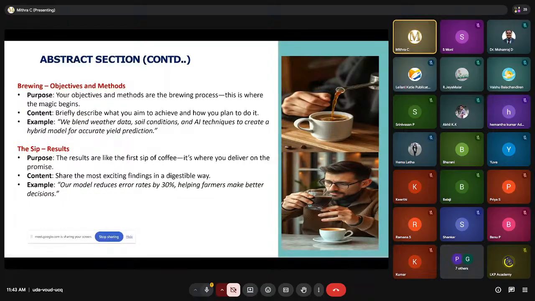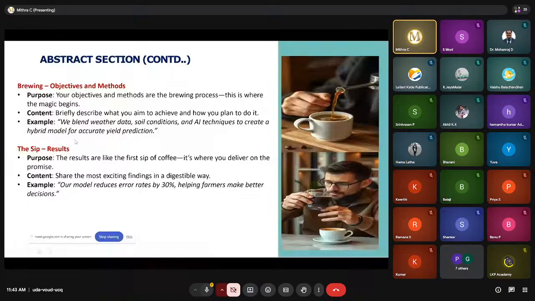Let us assume you need to choose the right brewing method. The right brewing method is like what kind of coffee you need to make, whether it is espresso, French press or pour over, anything. There are many kinds of coffee, right, to extract the best flavor. Similarly, your methods should always align with your research goals.